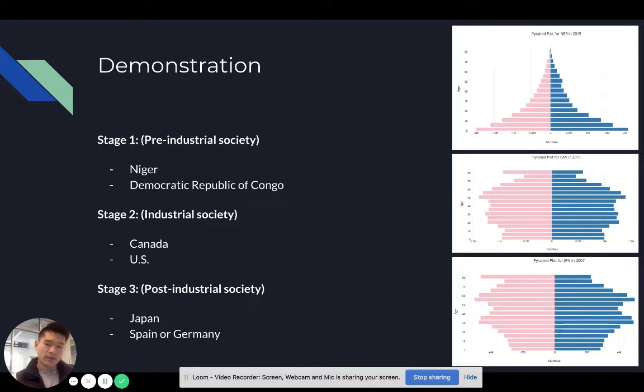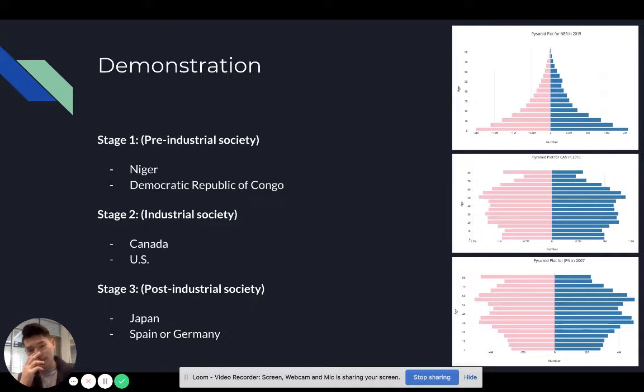In the first stage, you would see rapid growth where you have an expansive pyramid, and with this you see a high birth rate but also a high death rate due to lack of birth control, education, or access to medical care.